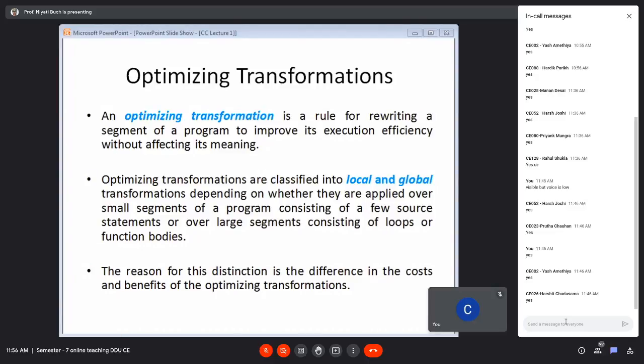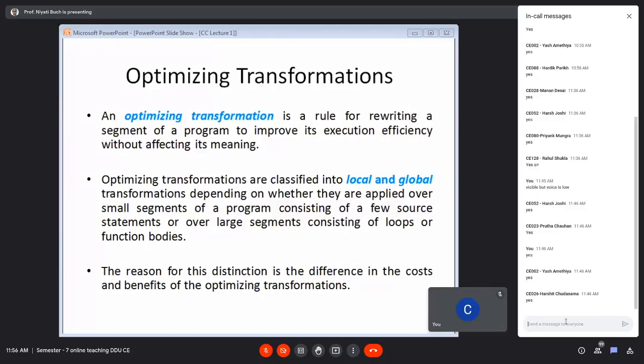And if they are applied over a large segment, or a huge bunch of segments, or the entire source, then we will call it a global optimizing transformation. And we will be learning specific algorithms for each of them.